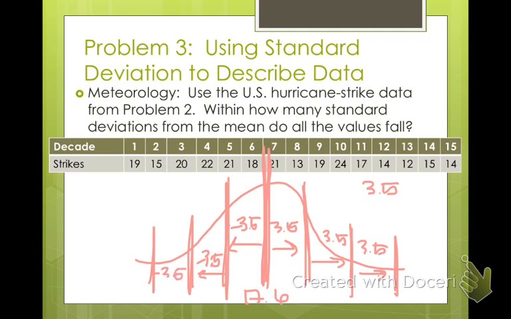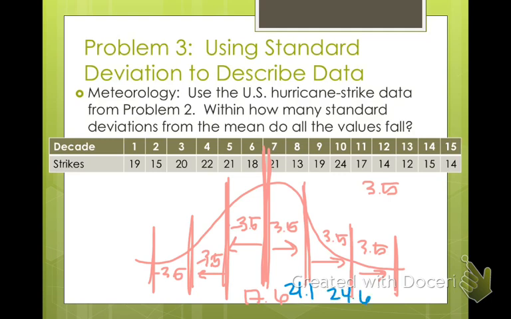So then to find these values, I'm just going to use my calculator and do, there we go. 17.6 plus 3.5. So our first deviation is 21.1. Then add another 3.5 and you get 24.6.